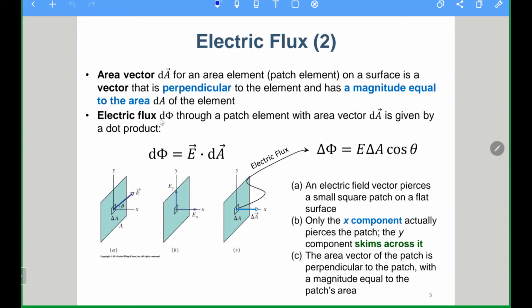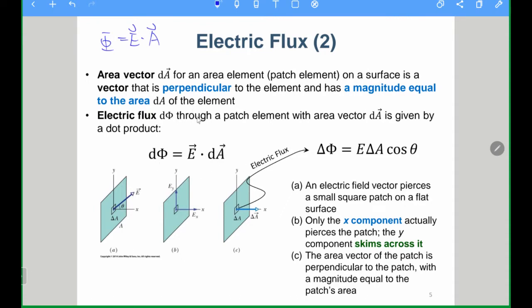If it is not a small area, for a uniform E field, you can write it as phi equals E dot A. If E is uniform over the surface, you have already learned something like this in high school physics. But when we talk about a non-uniform E field, then we need to use the calculus notation, the derivative or the differential form.